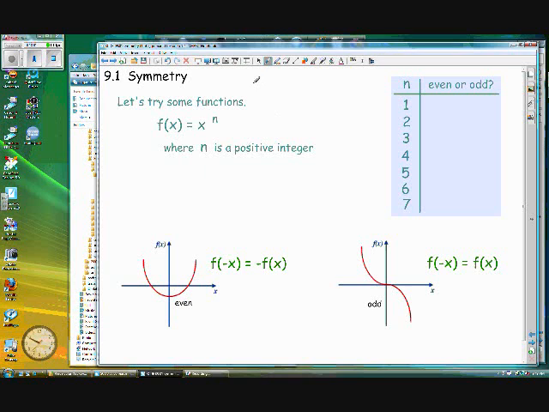Make sure you go to y equals, and that's going to be your f of x. So this is the same as y, we know that. And then we're going to put in x to the first power. Now, if it is an even function, you're going to see it looking the same on both sides of a vertical axis.